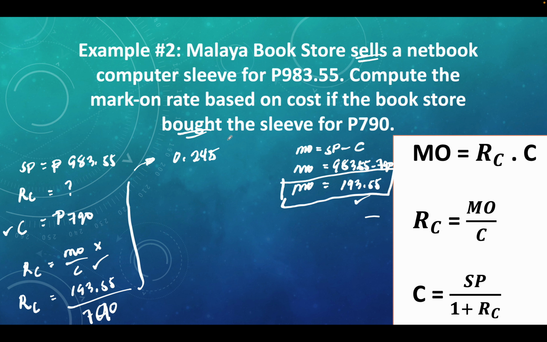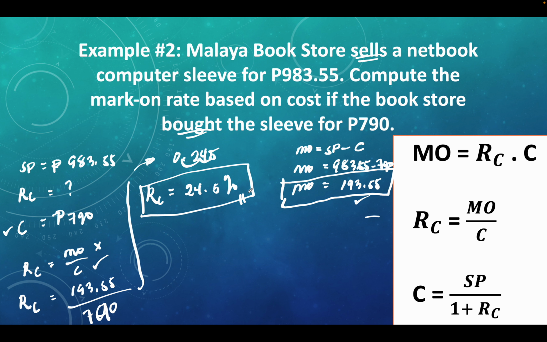And if we convert that into a percentage, since the rate based on cost and the rate based on the selling price are rates, they should be in percentage form. So what you will do is, from the decimal point, move 2 places to the right. So 1, 2, that is equivalent to 24.5%. So, this will be our rate based on cost.